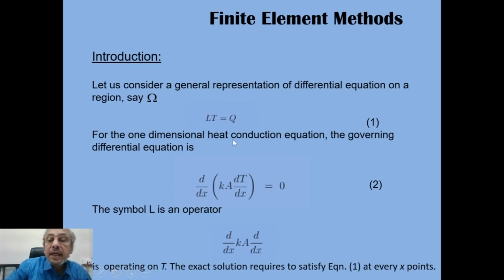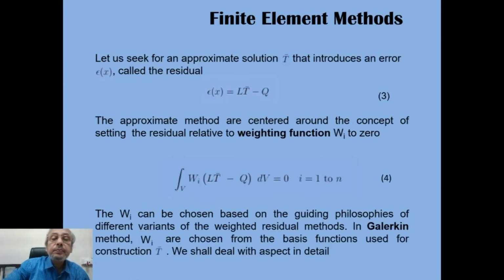Now we can say if 1 and 2 are identical, then symbol L is an operator, which means d/dx of KA d/dx, operating on T. The exact solution requires us to satisfy equation 1 at all x points.